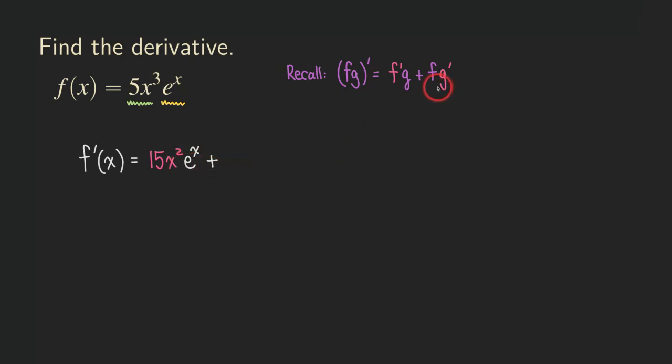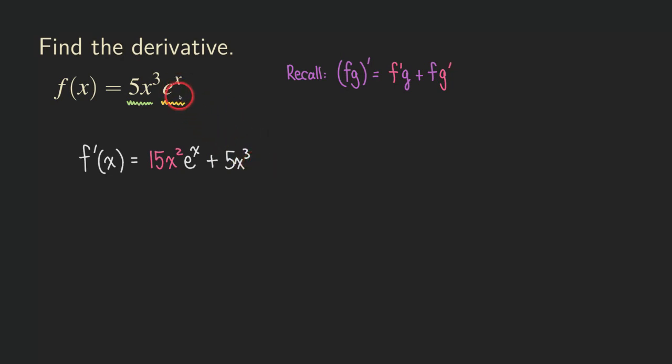Okay. Now for the second term, we are going to copy down the first function. So just copy. We do not do anything to it. So we just copy the 5x cubed, which would be 5x cubed right here. Okay. And then you need to multiply by the derivative of the second function, which is the e to the x in this problem.